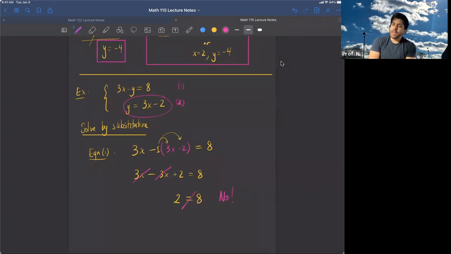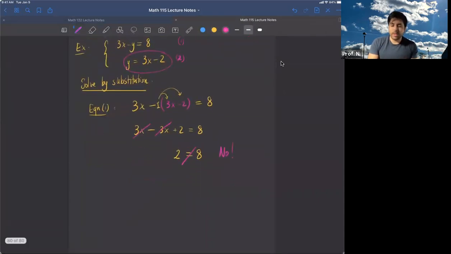So then what does this mean? This means that in our pursuit to solve the system, something breaks down. We get an incorrect statement, a completely false, erroneous statement. So since we get something that does not make sense, we say no solution. And if we have no solution, what does that mean about the lines?